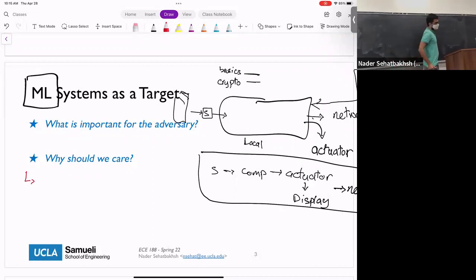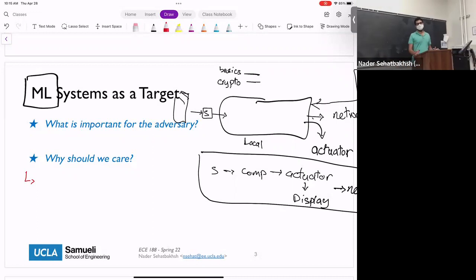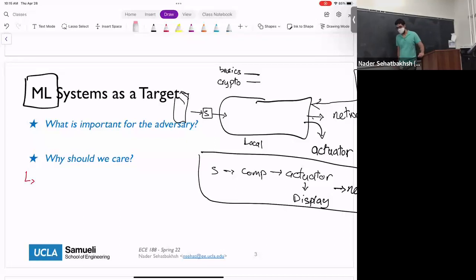Because of its unique abilities compared to conventional computing, machine learning is becoming more and more popular, specifically when we are dealing with a large set of input data and sensors. So naturally, it's a really good way of computing things in an edge-cloud setting, okay? And it's growing more and more.